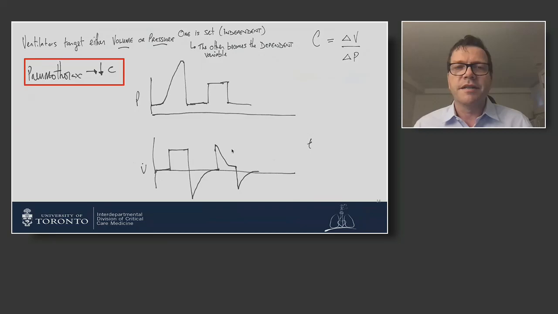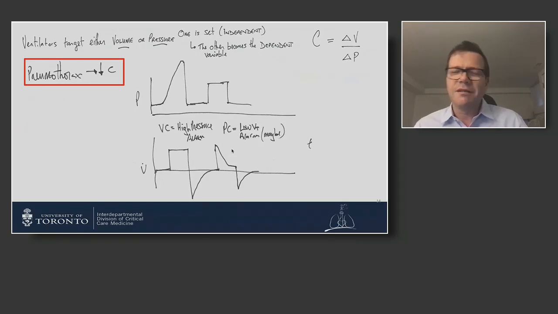There's a tendency, I think, to set pressure alarms, especially high pressure alarms, a little bit more tightly than we set a low tidal volume alarm. And if you got a call from the nurse saying, oh, the tidal volumes have dropped a little bit, you might not even be that alarmed about it. It doesn't sound nearly as severe as, oh my God, the high pressure alarm is going off. But knowing this, you would recognize that it's exactly the same physiological process and requires the same amount of care and attention to fix it.